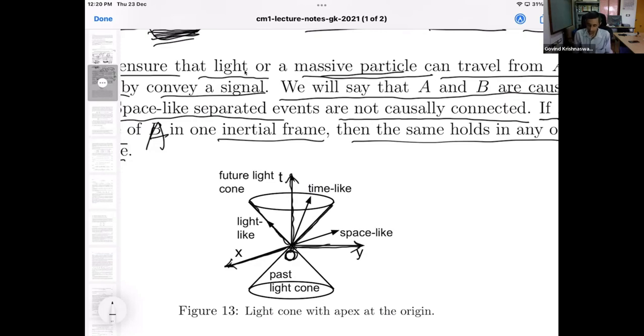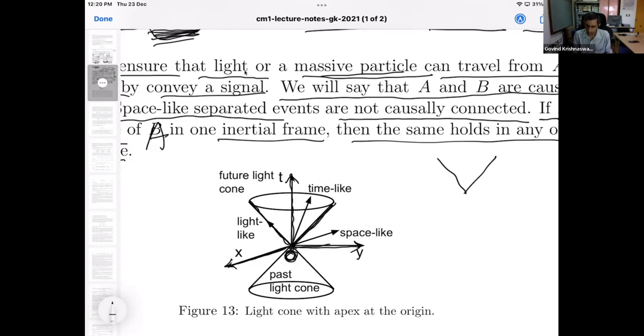That is called the light cone. So the light cone is the locus of trajectories, the surface formed by the world lines of light rays emanating from the event O. Previously, it was just a pair of straight lines in one spatial dimension. Now it becomes a cone.